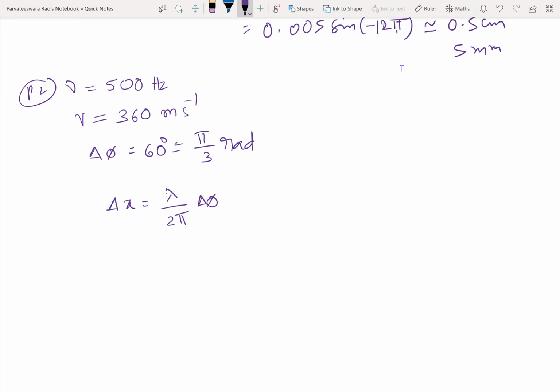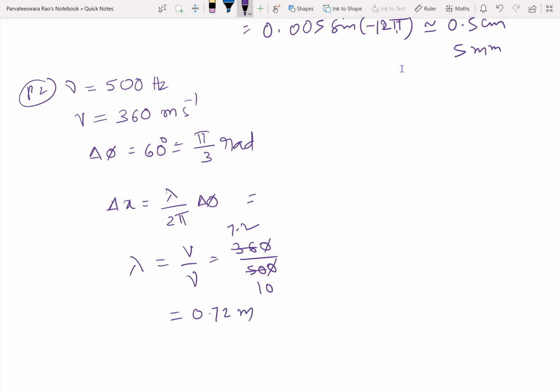So what about lambda? Lambda is V by nu. So 360 by 500, which is 0.72 meters.